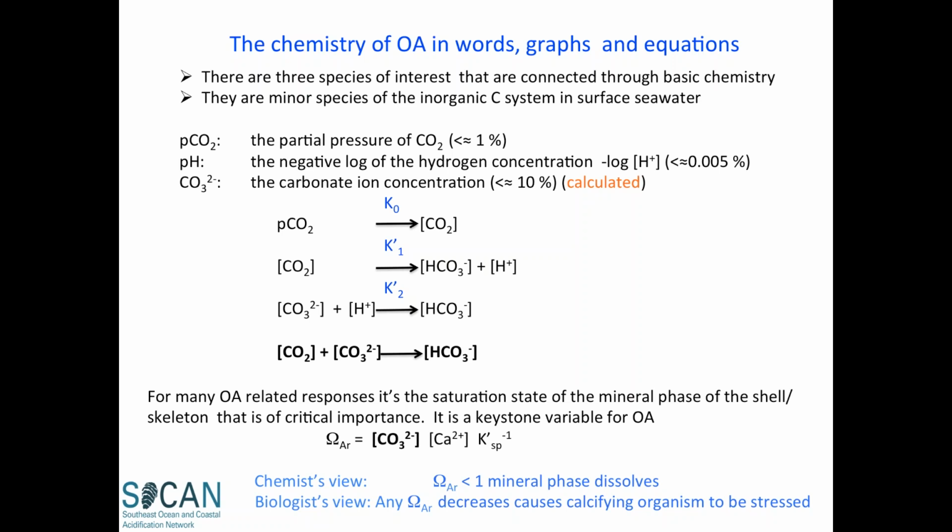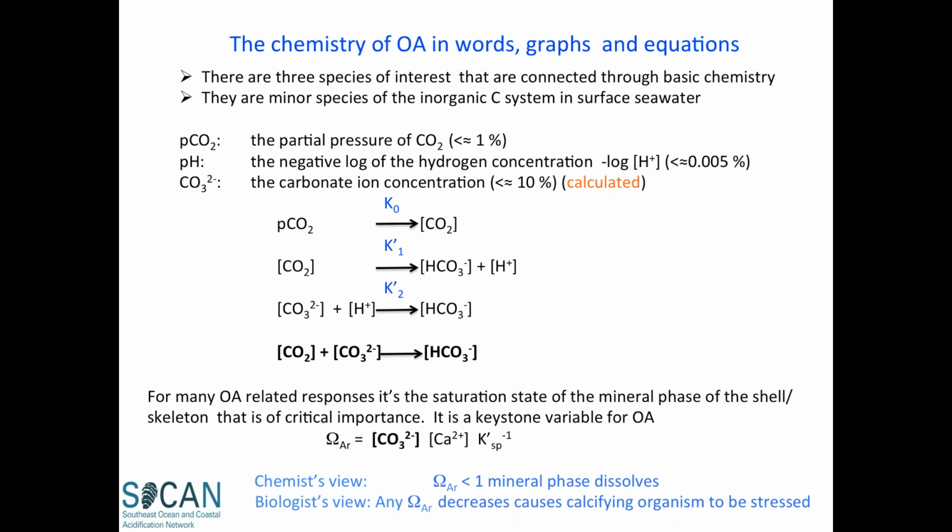From a chemist's point of view, it's important to remember that if your saturation state is less than 1, the mineral phase will dissolve. If it's more than 1, it has a tendency to precipitate. The important thing from an ocean acidification perspective is that while this chemical threshold of 1 is critical, most of the research has shown that any decrease in aragonite saturation state will cause calcifying organisms to be stressed.